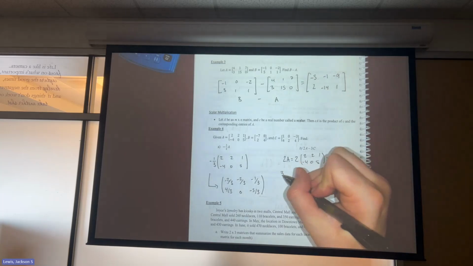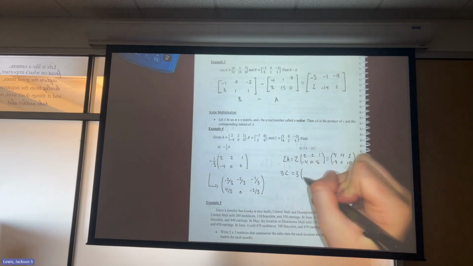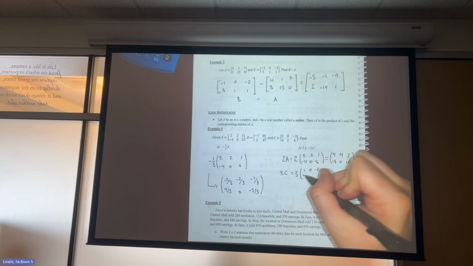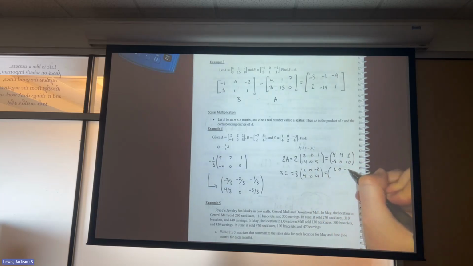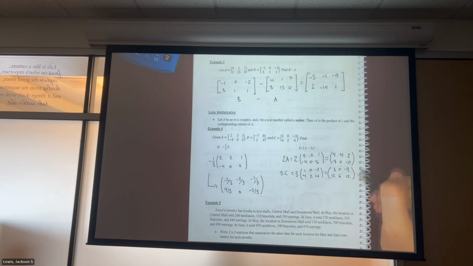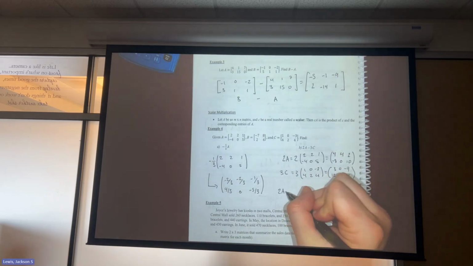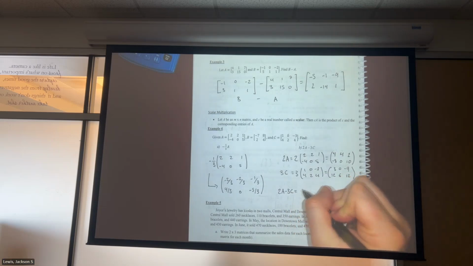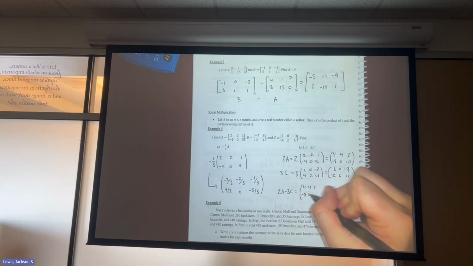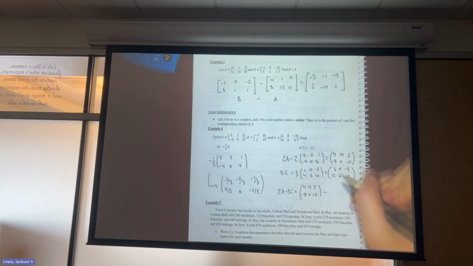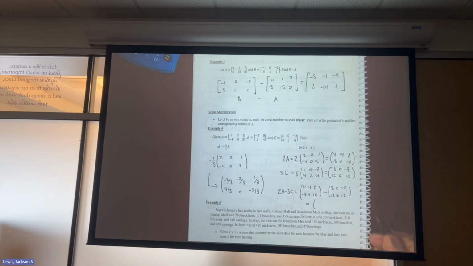And then 3C is 3 times 1, 0, negative 3, 4, 2, 4, and that's 3, 0, negative 9, 12, 6, 12. Then I want to do 2A minus 3C. This is 2A, 4, 4, 2, negative 8, 0, 10, minus 3C, 3, 0, negative 9, 12, 6, 12. And then what do I get?